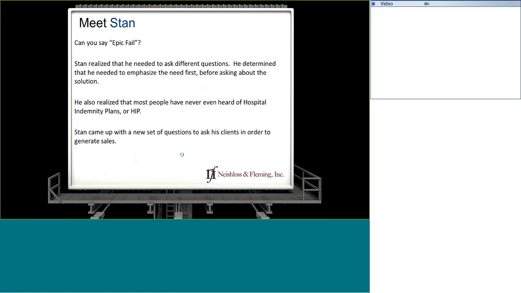Well, I can, and that was actually what Stan had said to us when we talked to him about a month into his program, that question was not resonating with his consumers because they didn't determine the need for the hospital indemnity plan. They heard that question and thought, No, I don't need a hospital indemnity plan.